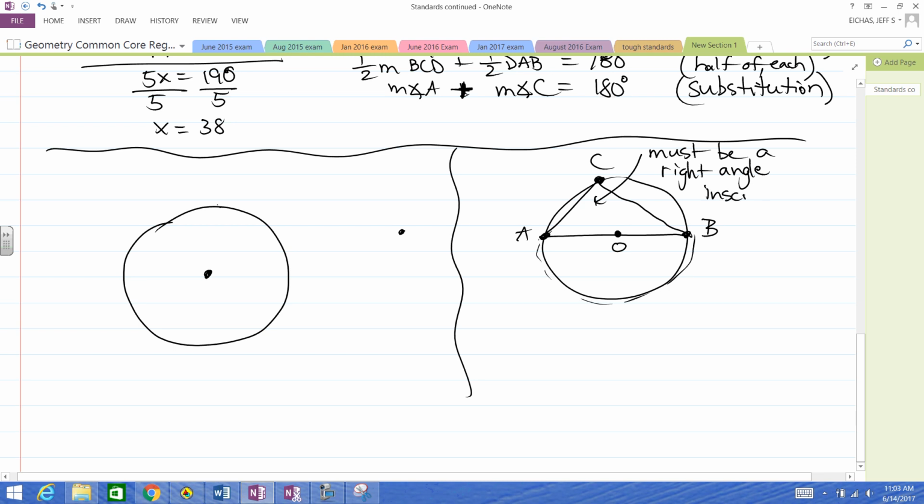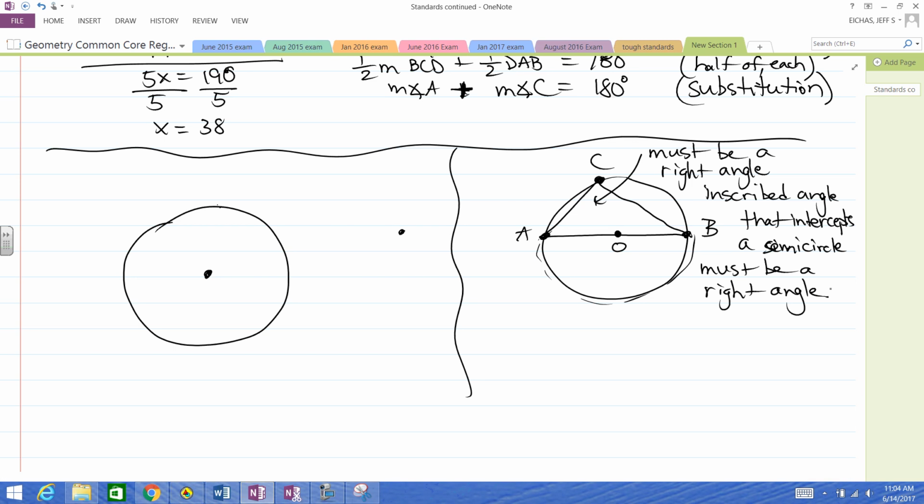An inscribed angle that intercepts a semicircle must be a right angle. Now, this is not easy. That's the concept we have to use.